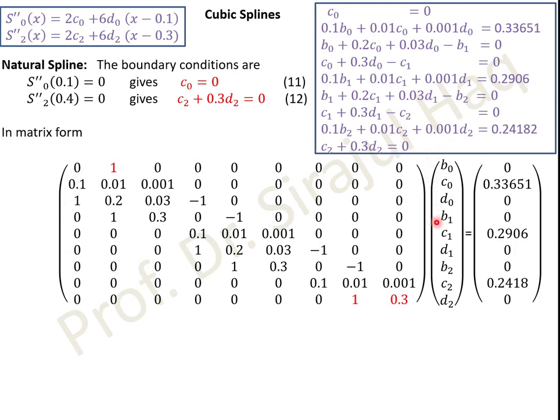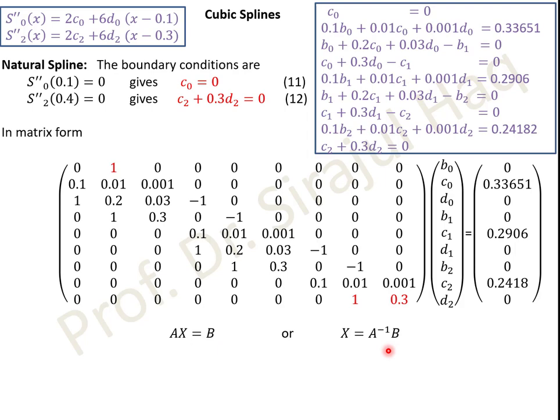This is the matrix X, the column matrix containing the unknowns, and these are the known right hand side values, which we normally represent by B. So I can write this in the matrix form Ex is equal to B. When you pre-multiply with E inverse both sides, E inverse into E will become identity multiplied by X is equal to X, and this side will become E inverse B.